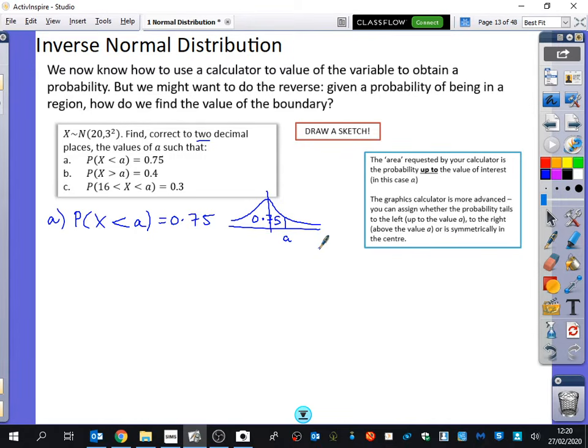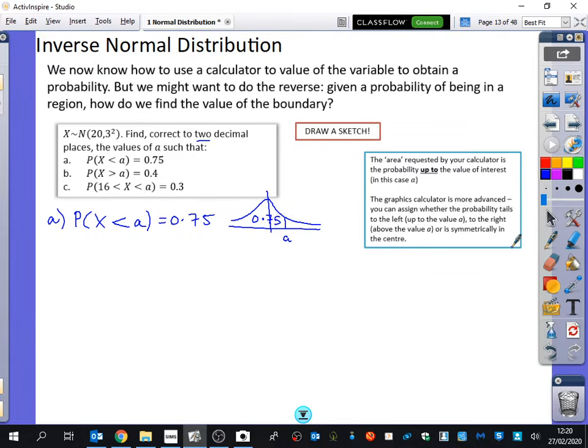Everyone's calculators, who don't have the big boy calculators, will always tell you, when it's on the left-hand side, the probability up to that particular value. We call this a left-hand tail because it's trailing off to the left-hand side. So the area requested by your calculator is the probability up to the value of interest.